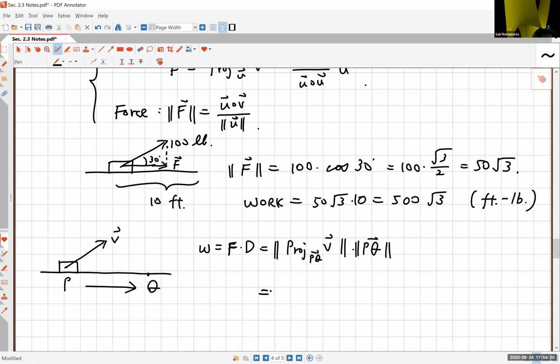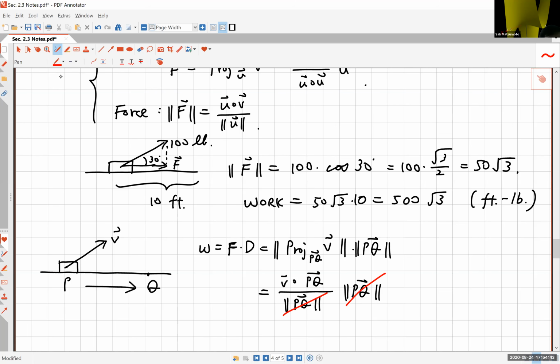But just imagine this. What is that thing, okay? Well, the magnitude of the projection of V onto PQ is V dot PQ divided by the norm of PQ, right? And then you multiply this by the length of PQ. Guess what? Yeah, this kind of goes away.